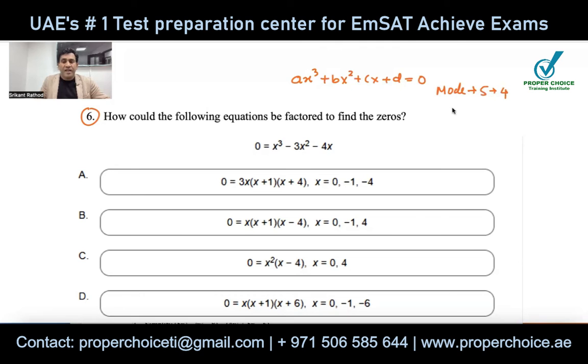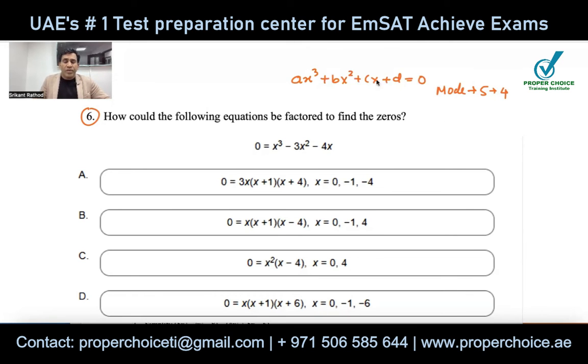If you have any other calculator, please learn how to solve a cubic equation on it. Almost all scientific calculators support these operations. There are some very basic ones that don't, but most scientific calculators support solving equations.